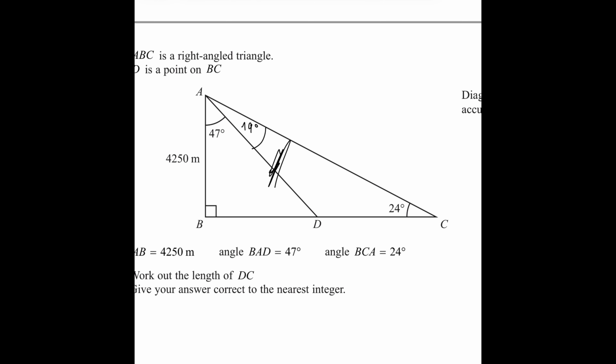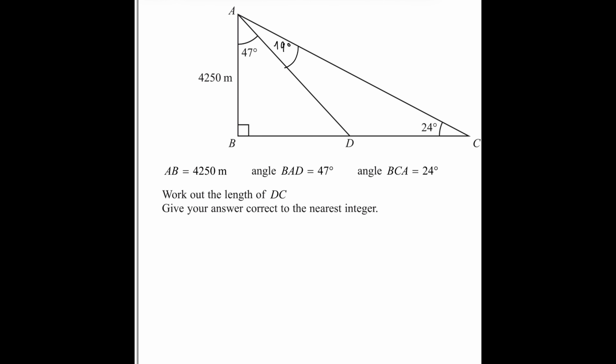We can do that by using SOHCAHTOA quite easily because we have a length here and an angle here. So we want this, which is the hypotenuse. Well, let me just draw this triangle out so it's easy to visualize. That is pretty horrible. Okay, whatever.